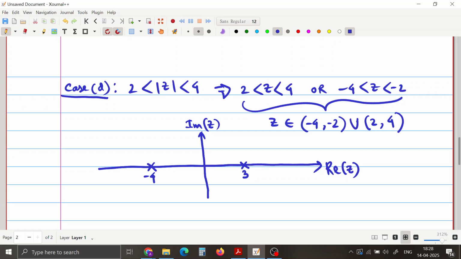We need these points as well. So let's say -2 is somewhere here and +2 is somewhere here. So one portion of the ROC is bounded within these 2 points. Okay, it's like this.